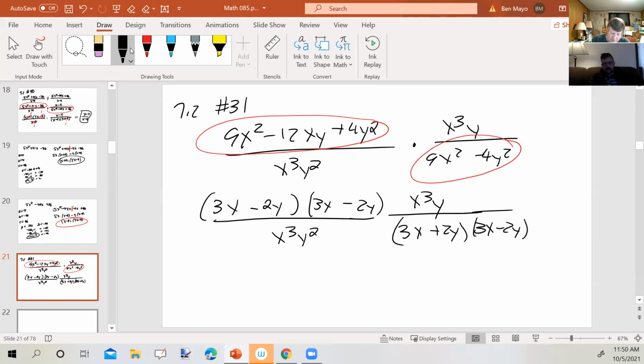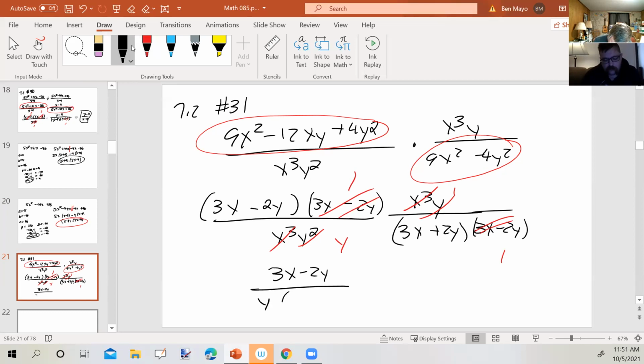Okay, so one of those and one of those reduces to 1 over 1. x cubed over x cubed reduces to 1 over 1. y over y squared is 1 over y. So in the numerator, I have 3x minus 2y. In the denominator, I have y times 3x plus 2y.